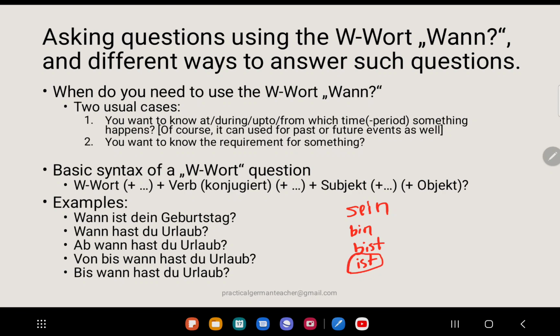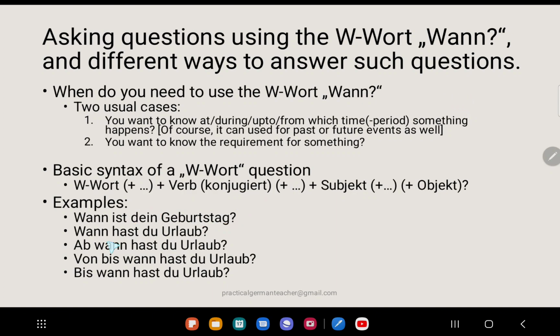So we are using this one, third person. And you also have wir sind, ihr seid, and for every other pronoun you can just use sind. So here it is: wann ist dein Geburtstag. Also, Geburtstag is masculine, birthday, Tag, but here you are using a possessive article and it is in nominative case, so dein. I hope you can follow that.